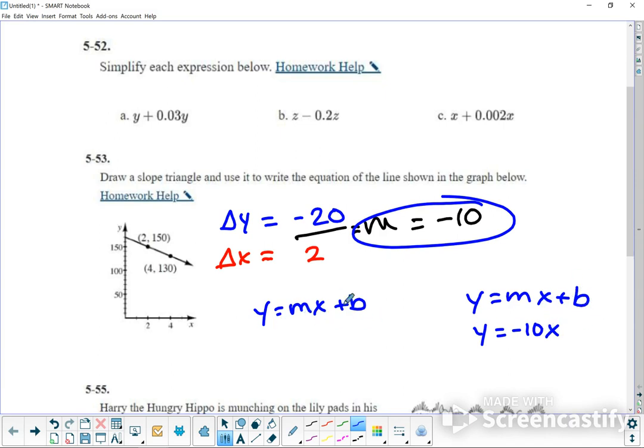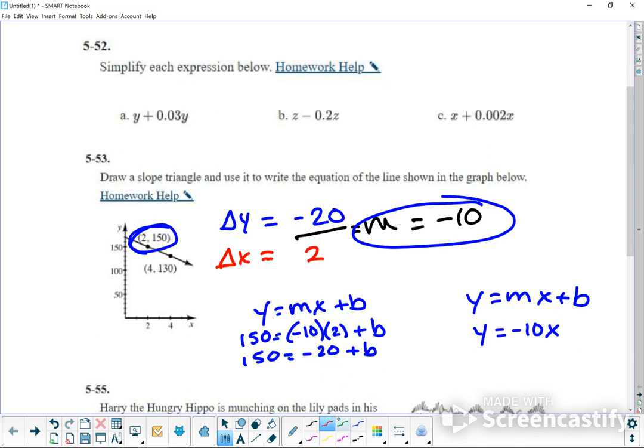Over here, I'm going to use everything I know. I'm going to write negative 10 for the m, and I'm going to use one of these 2 points. I'm going to use 2 and 150. So 2 is the x and 150 is my y. And plus b. So this is 150 equals negative 10 times 2, which is negative 20, plus b.